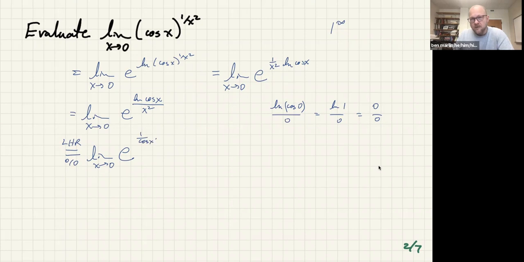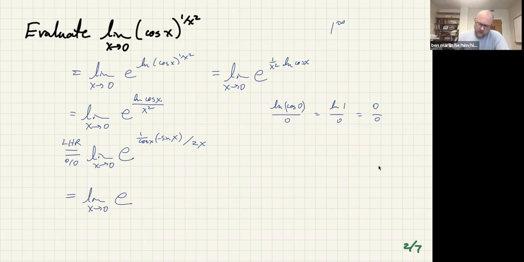The derivative of a logarithm is always 1 over whatever was inside the logarithm. But then the chain rule says we have to take the derivative of cosine, which is minus sine x, divided by, now the derivative of x squared is 2x. So we'll want to get that to looking better using our algebra, and we'll still have the e.